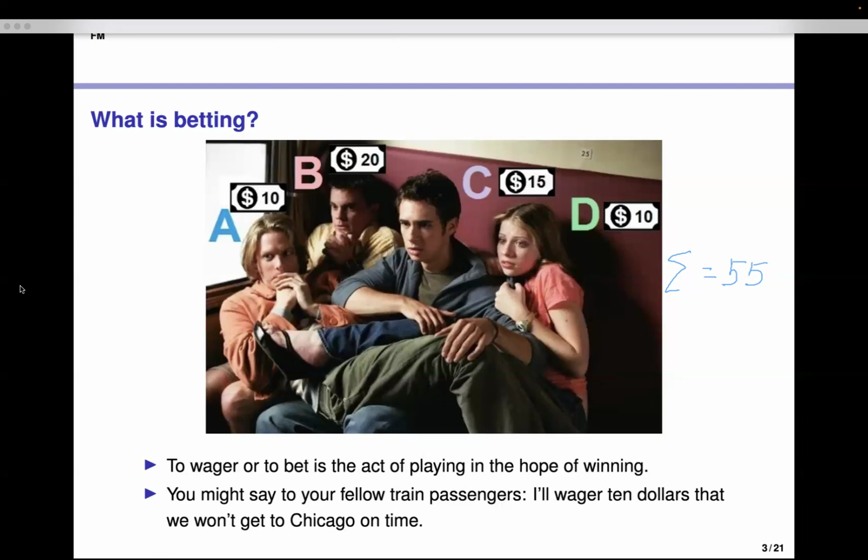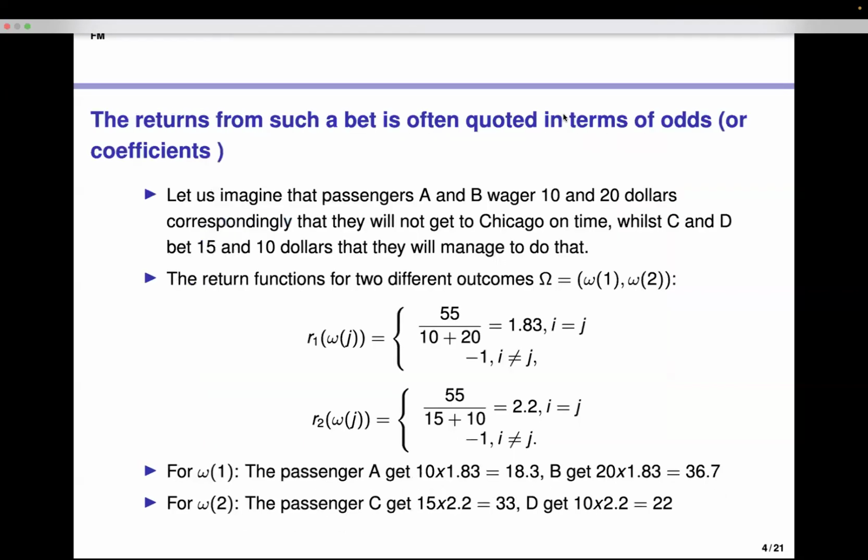So we are going to the next slide. We would like to understand how these passengers can divide the money which they win, and what the return function is.